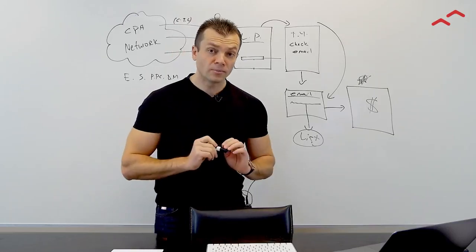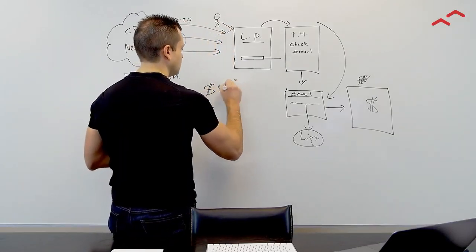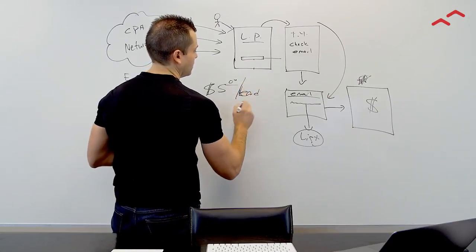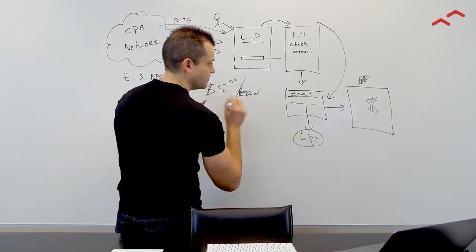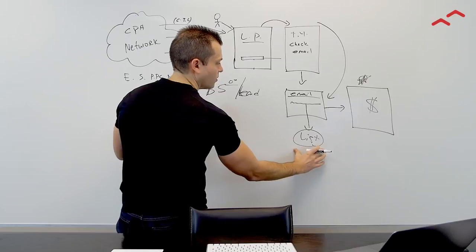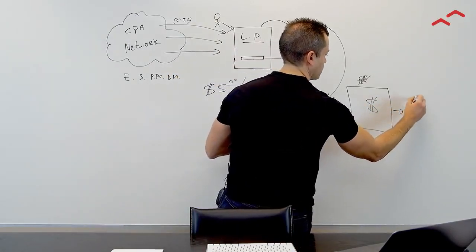You need to know your numbers, because if I'm going to pay $5 per lead, every time somebody gets on this list, how much is every subscriber worth here, okay?